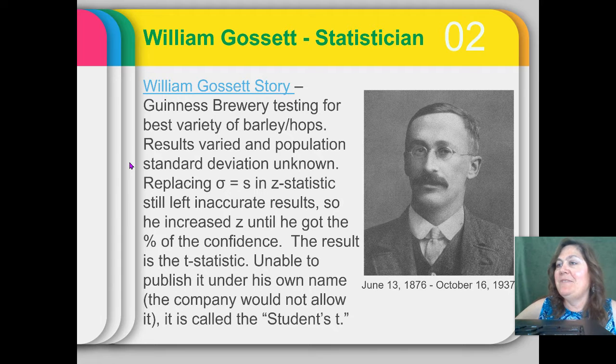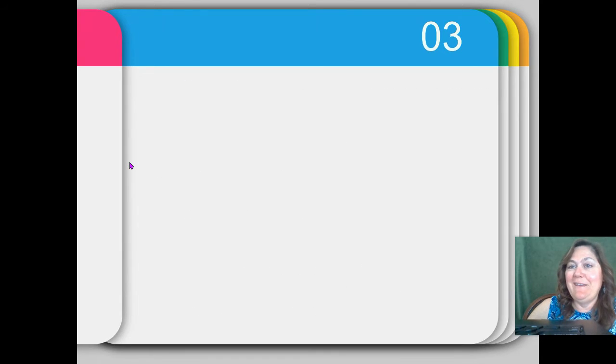Here is when he was alive. He died in 1937. So basically, this was the early 1900s he was doing this. And so Guinness did not wish to publish this under his name because they didn't want competition to know where it came from. So it was only allowed to be published as the Student's t table.